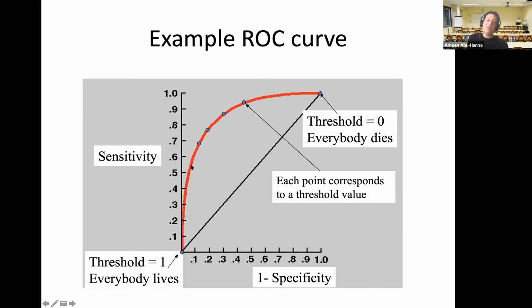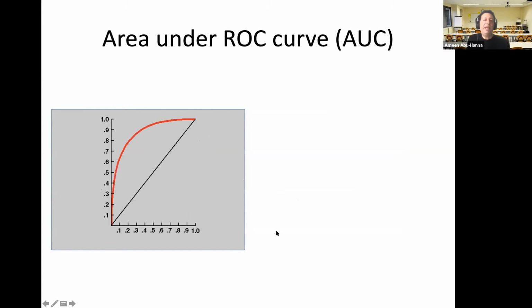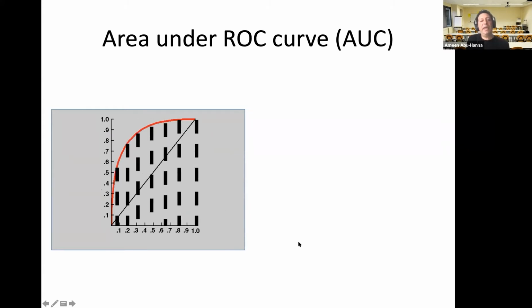Okay, so if you do this graph, you hope that you'll get a little bit closer to this point where you have a perfect model, 100% sensitivity, 100% specificity. I've never seen such a model in my life with a real data set. And then if you plot it, the AUC is the area under this curve, and it's a measure that we use for discrimination. Why is it a measure of discrimination?